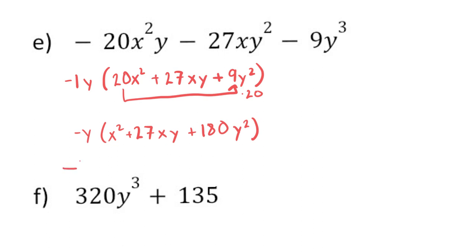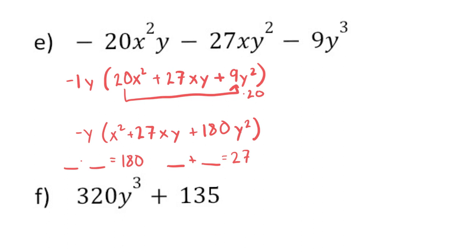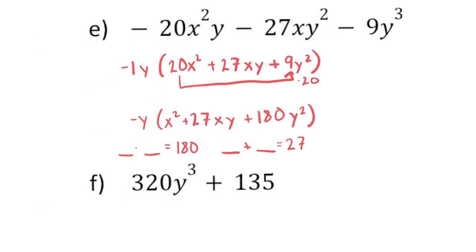Okay, so we're going to try and find two things that multiply to get to 180 and add to get to 27. And this is going to be a little bit trickier. We're going to want to think about their signs and the multiples of 180 first.